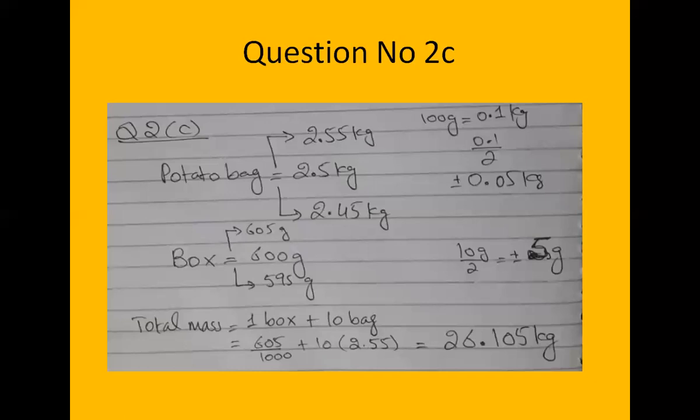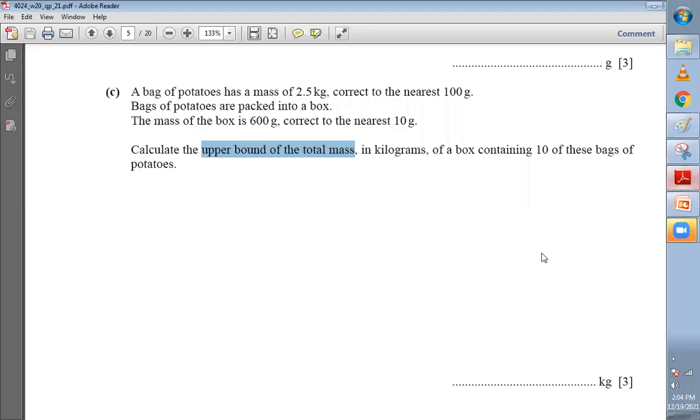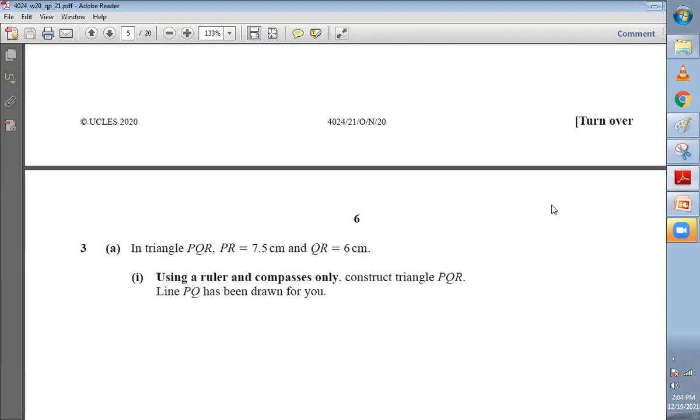On your calculator, you will write 605 divided by 1000 plus 10 multiply 2.55 equals, and that will give you 26.105 kg. So this is the upper bound of the total mass of the box with 10 bags of potatoes. So that was question number 2 C part. That was a 3 marks question.